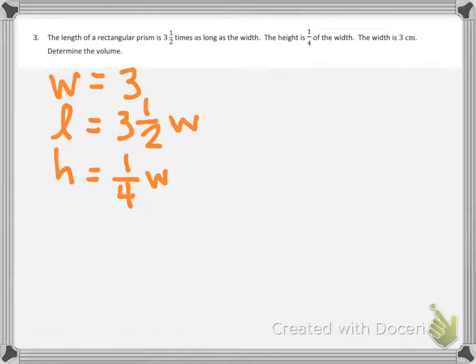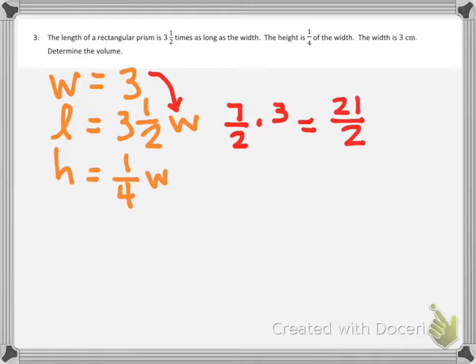So since I know that the width is 3, I'm going to plug that 3 in for every W. So 3 1/2 times 3, that's going to be 3 1/2 is actually 7 halves times 3 equals 21 halves. And then 1/4 times 3 is 3/4.